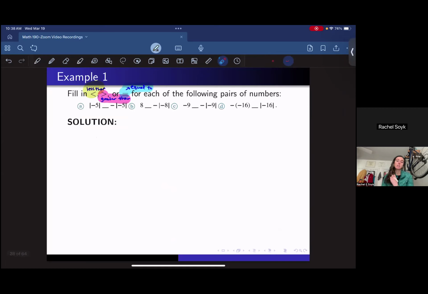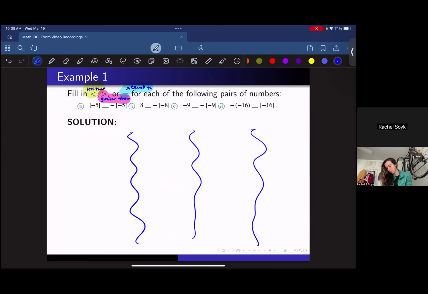Okay, so let's jump into our example 1, where we have problem A, B, C, and D. Problem A, we want to figure out, using our inequality symbols, our less than, greater than, or equal to, what is our comparison?